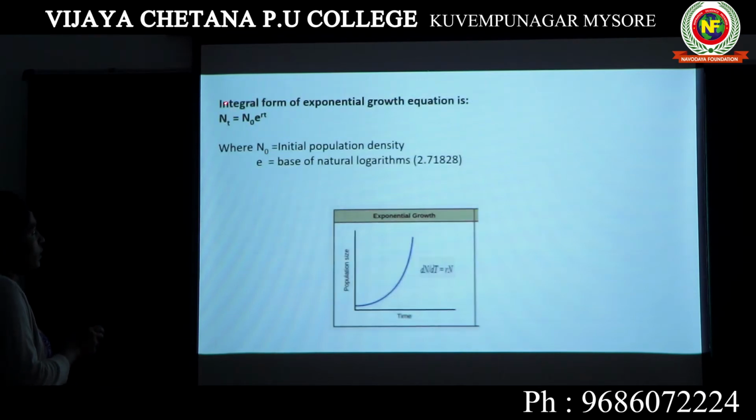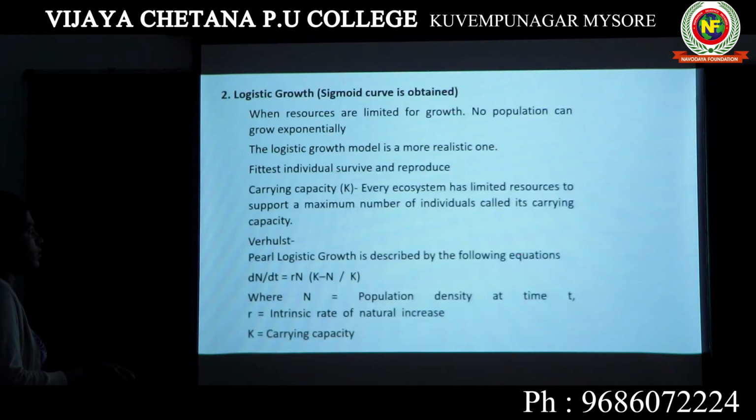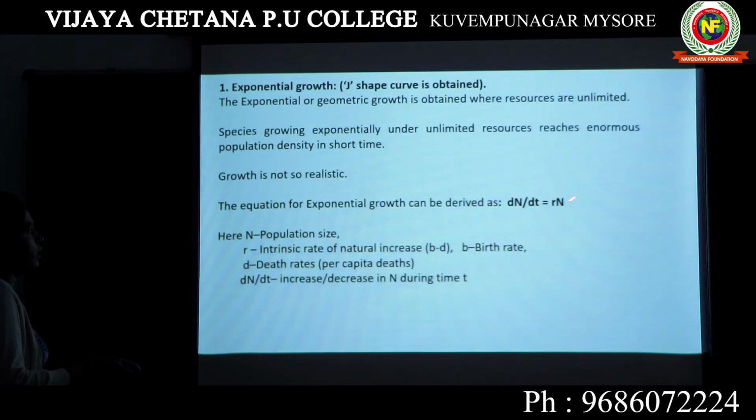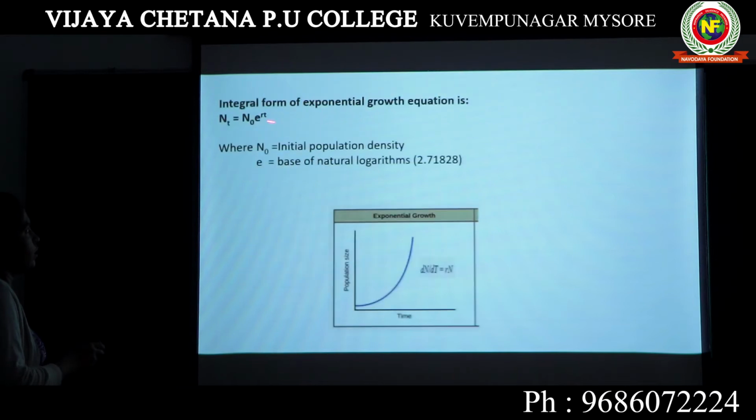If you have to write the integral form of the same equation, of this particular exponential growth equation, it becomes this way. Nt is equal to N0 e to the power rt.